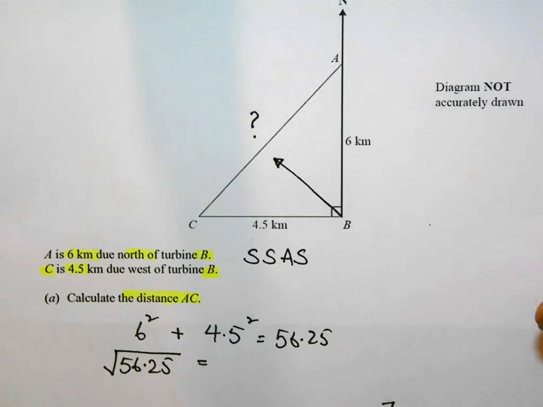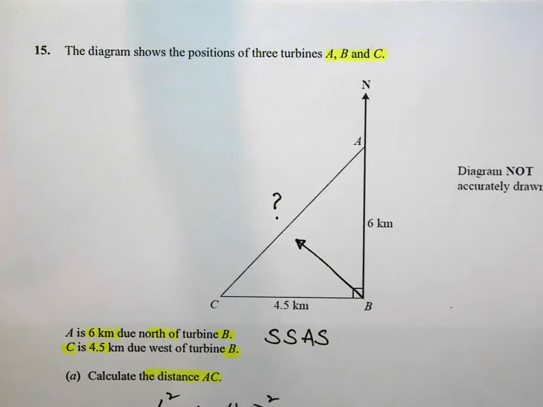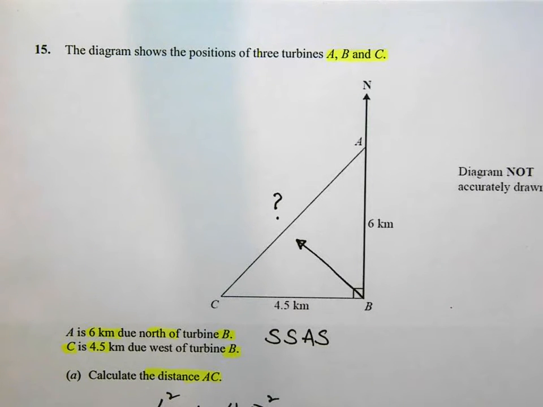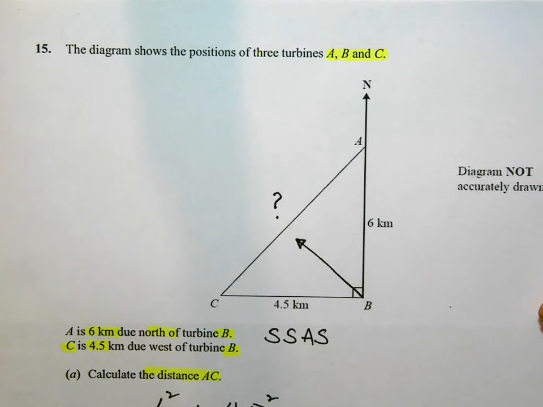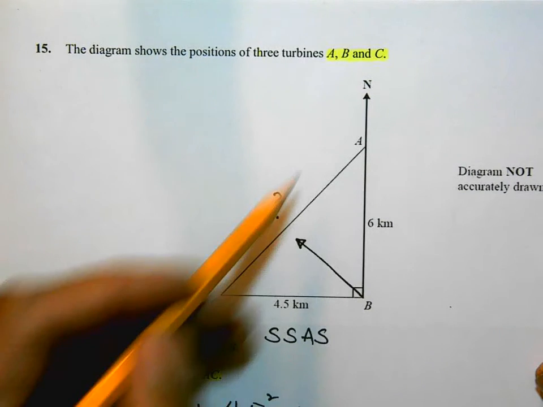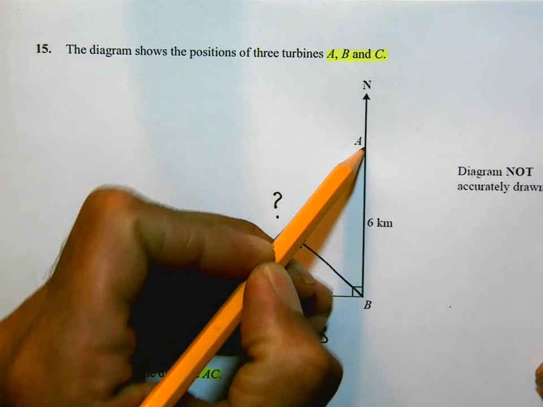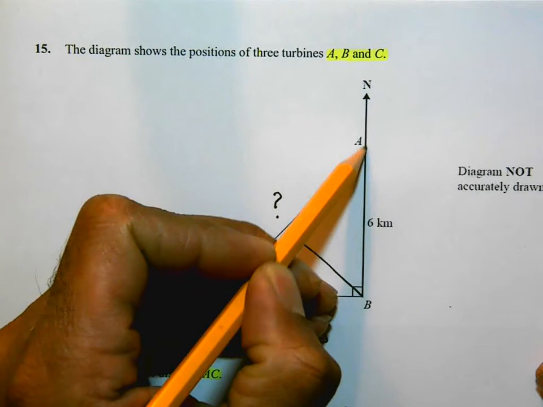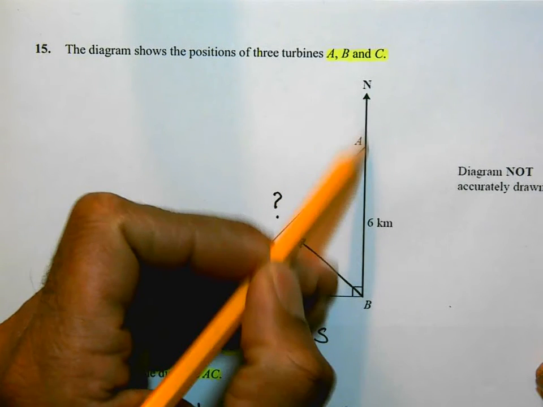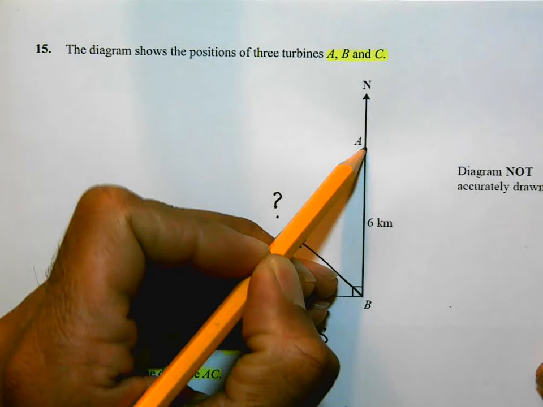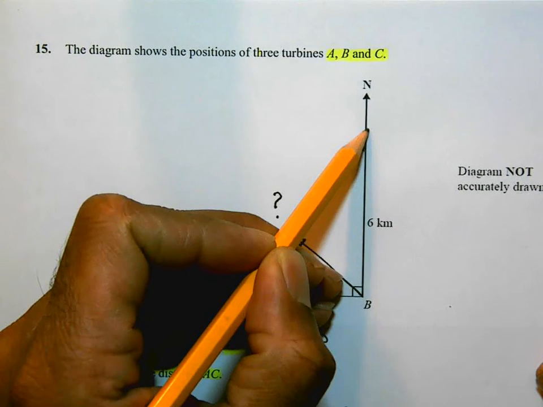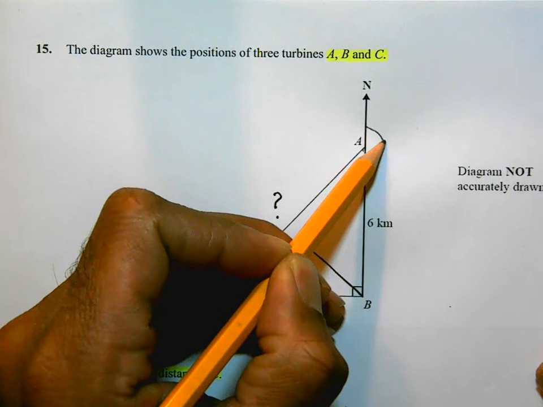So from the question in part B, they wanted us to work out the bearing of C from A. Because it says from A, this is where my bearing is going to be taken from, and they've given us a hint by drawing this north line. If that wasn't there, I'd need to draw it anyway. A bearing is taken in a clockwise direction from the north line.